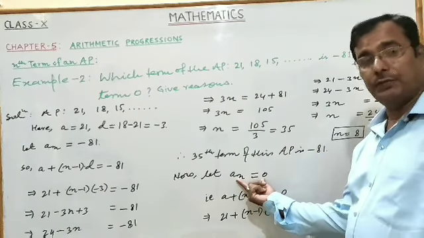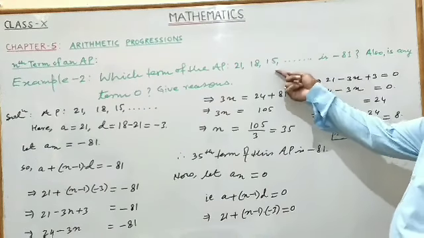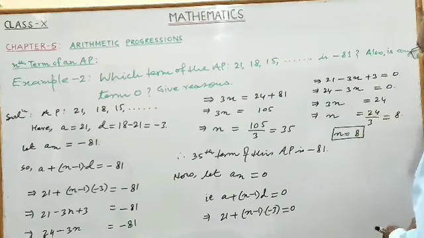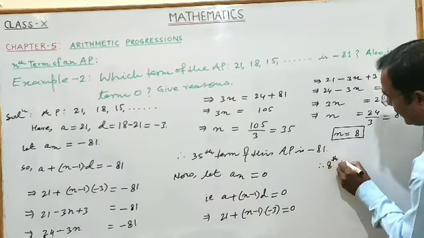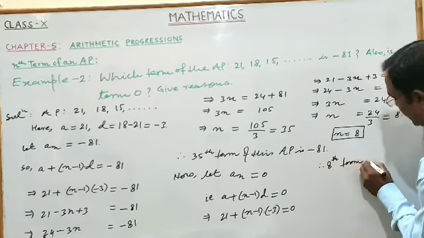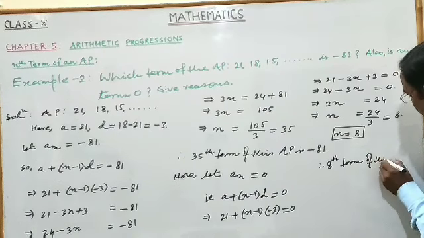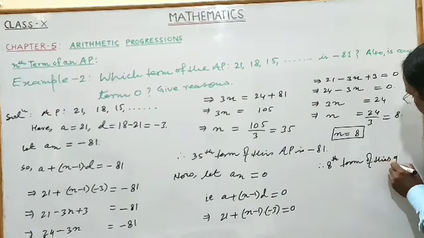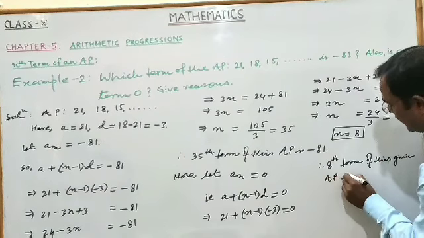Therefore, we can say that 8th term of this arithmetic progression is 0. So therefore, 8th term of this given AP is 0.